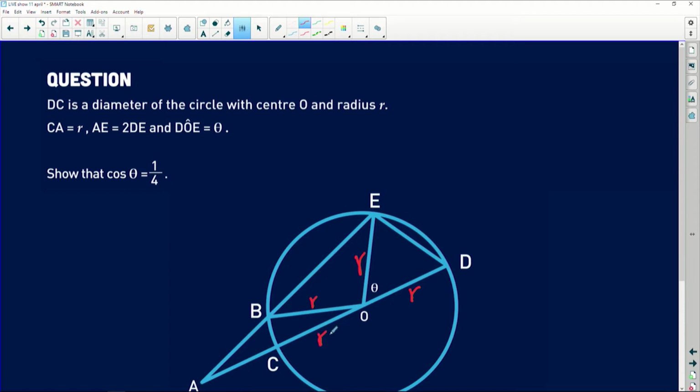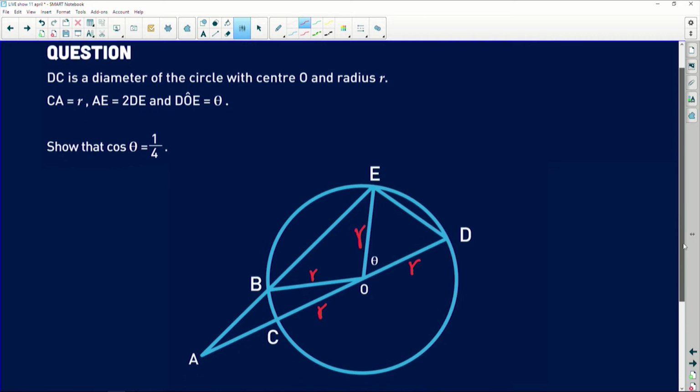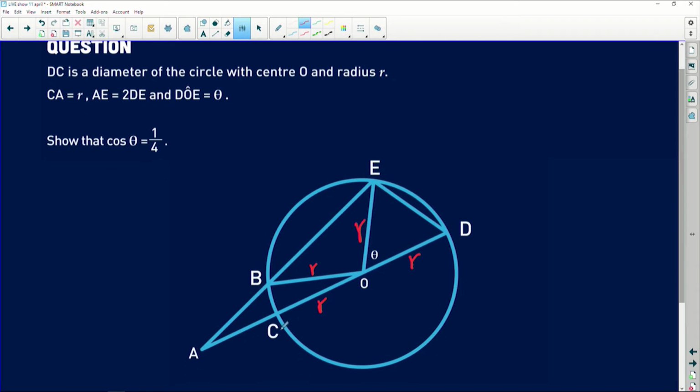If I continue reading further, we are told that CA is also equal to R. Now, if you look on this diagram, you'll notice that CA is the length outside the circle. It is also equal to R units, so I'm also going to put R there. If I continue further, I am told that AE is 2 times DE. I don't like working with AEs and DEs.